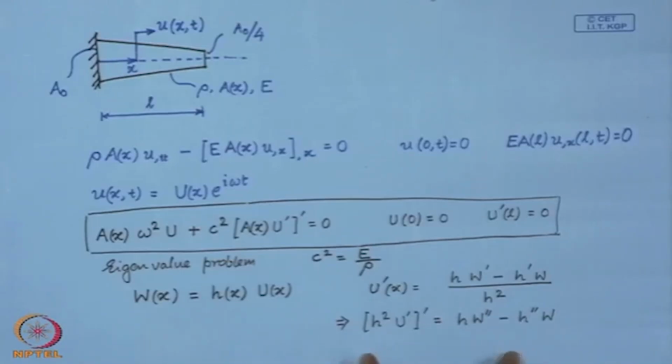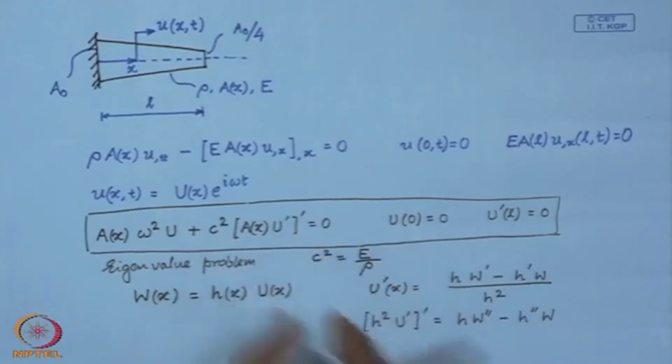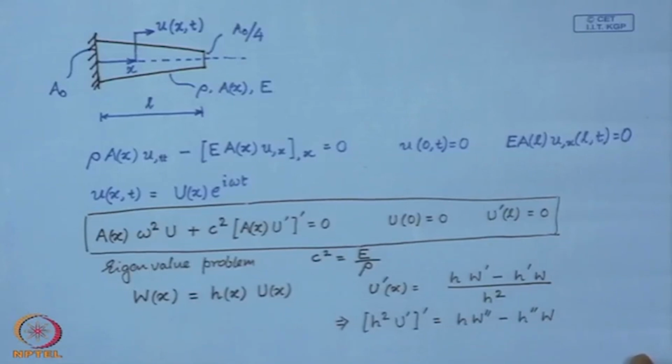Now, if you identify this h square with the variation of the area, then you can replace this term with this expression.